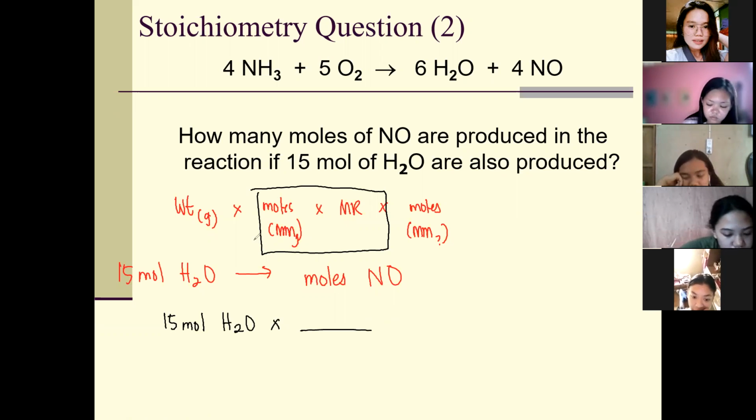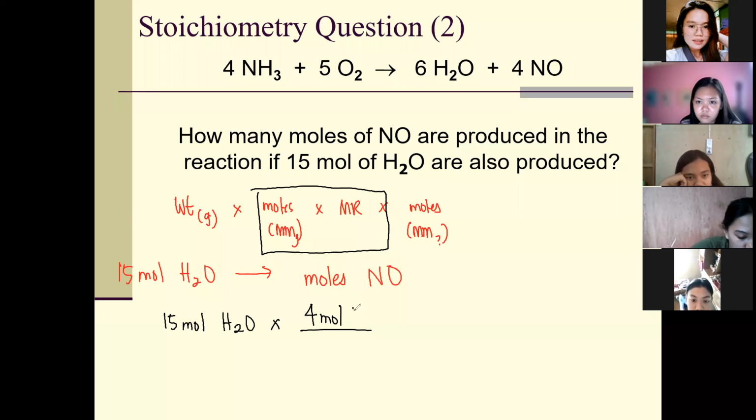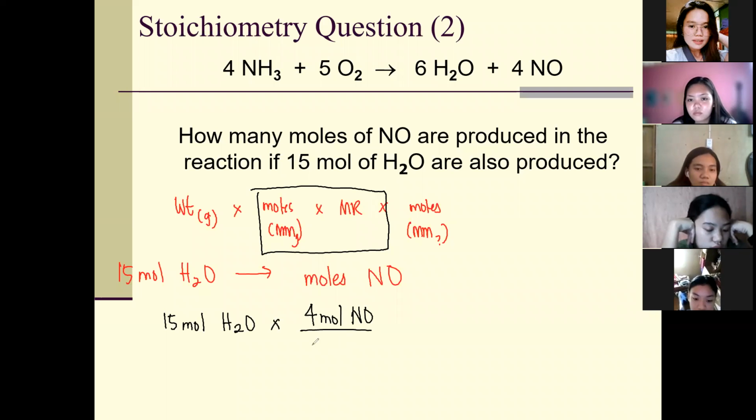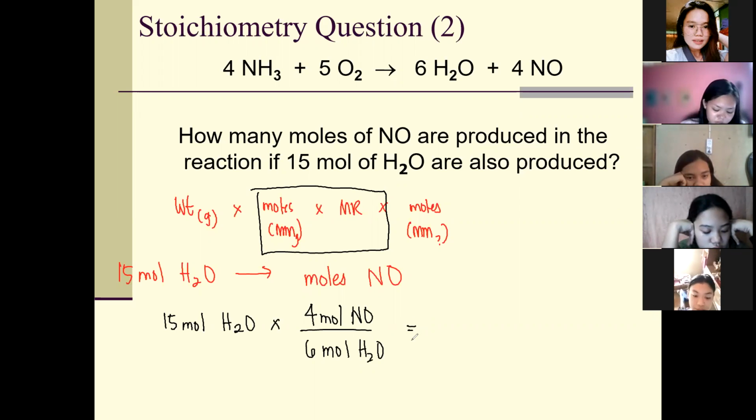15 moles of H2O times 4 nitrogen oxide over 6 H2O. Ayan. 4 moles of nitrogen monoxide and then sa baba, 6 moles of water. So this is the pattern.